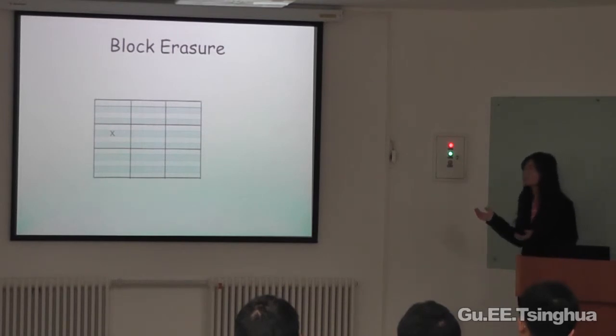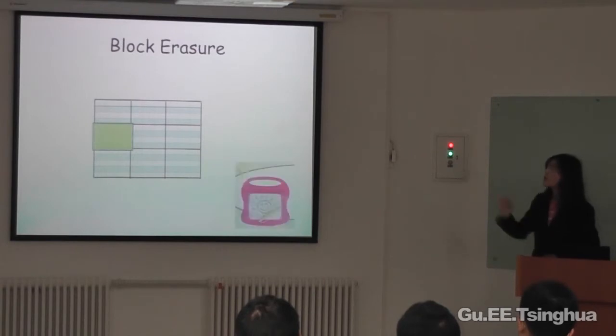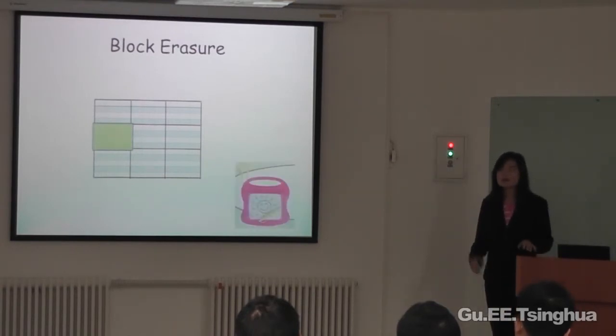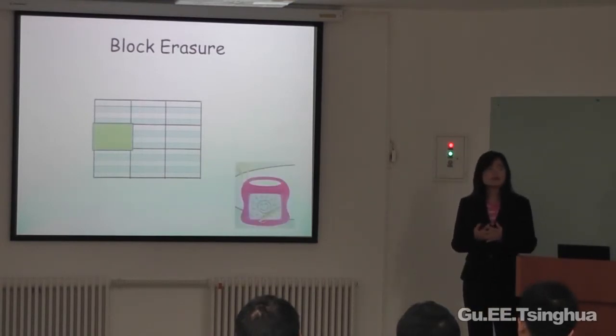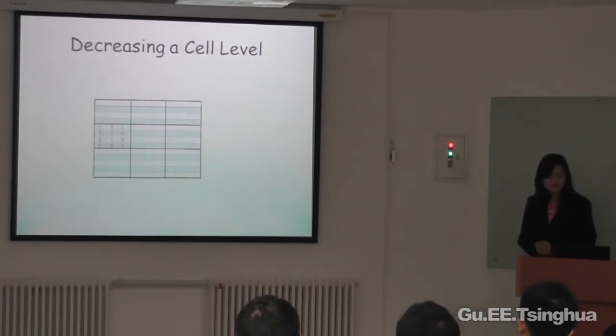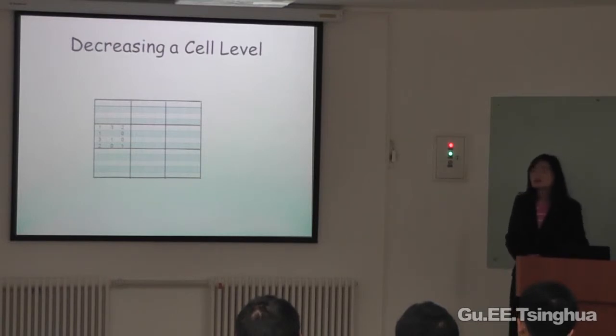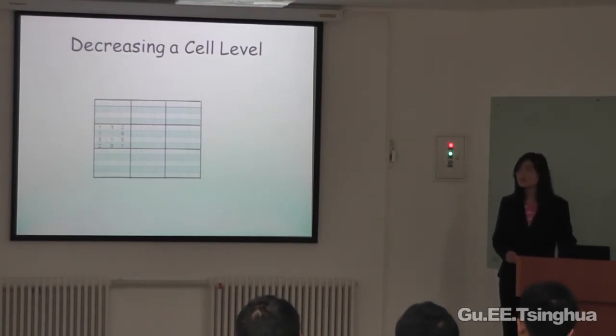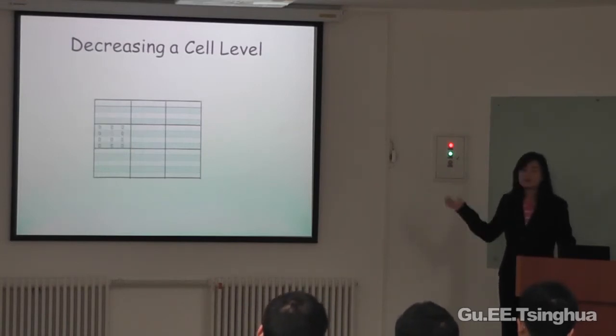Sometimes I call a transistor a cell. Suppose I want to erase one cell; you have to erase a whole block, and typically a block would contain 10 to the power of 5 cells. Similarly, if I want to decrease a cell level, say change from value 2 to value 1, you also cannot do it selectively. You have to erase the whole block, so everything becomes 0, and then write everything back.